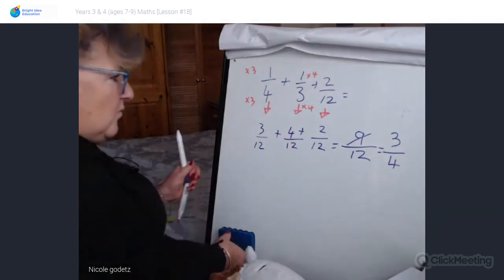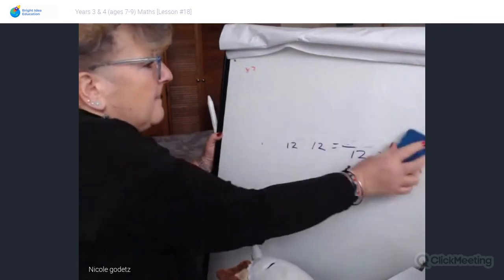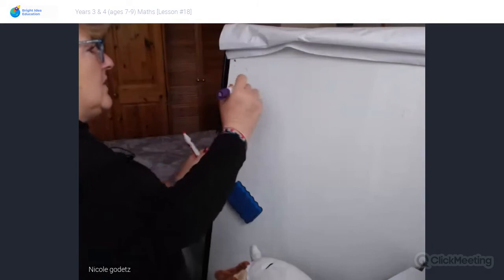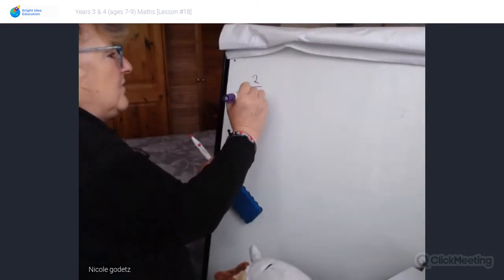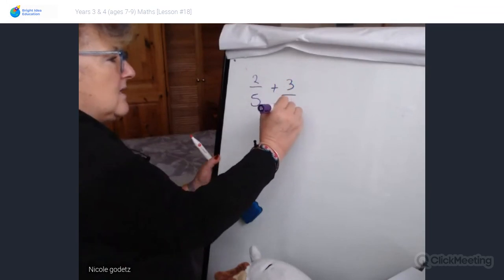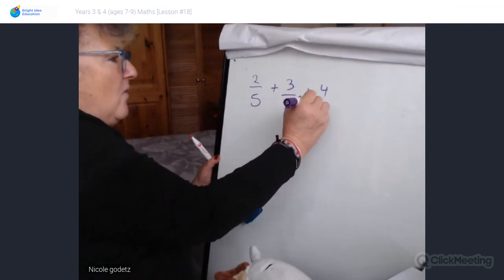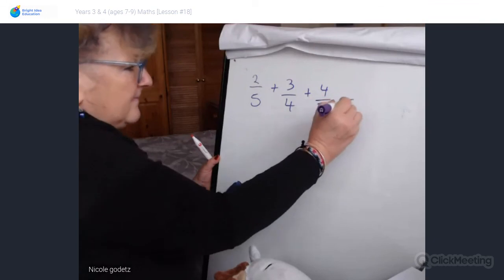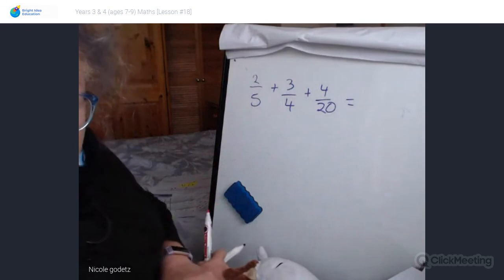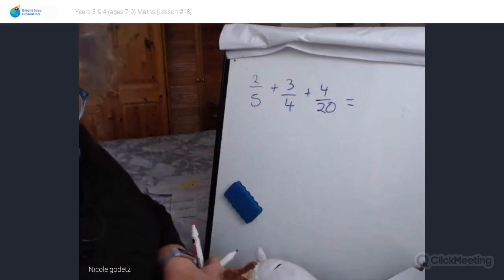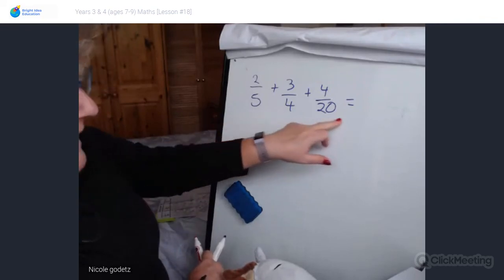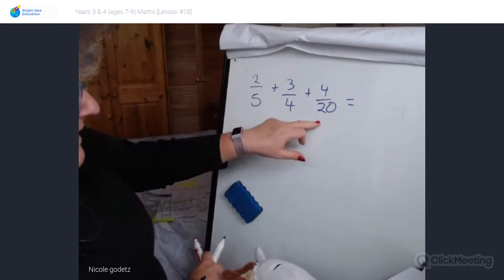Okay, let's just do one more. And then we will do our quiz. Okay, so let's have a look. We're going to have 2/5 plus 3/4 plus 4/20. Now, if we know our tables, and we should, class is going to finish in 5 minutes. Okay? If we know our tables, we can see a family of numbers here.